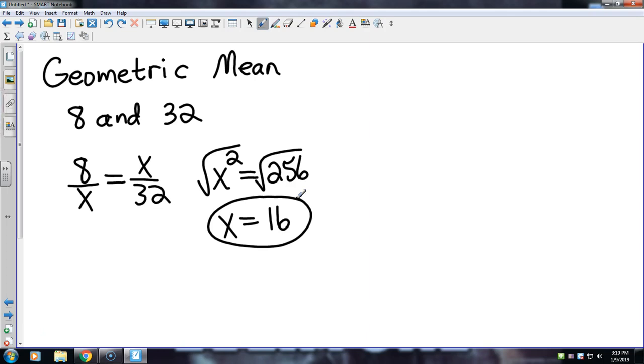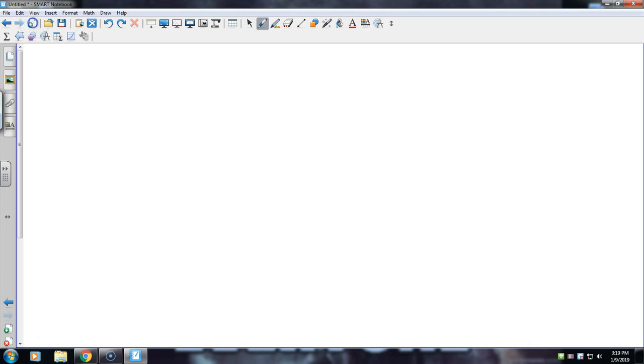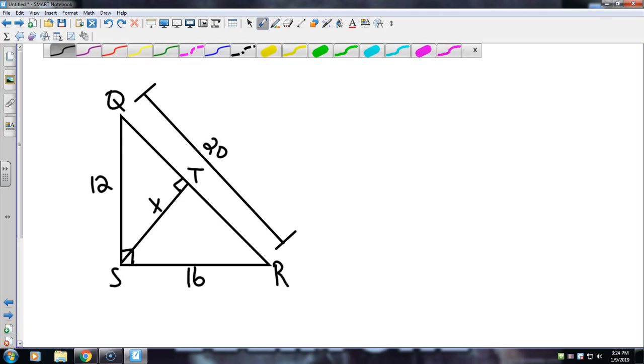And now I'm going to do one final example on giving two similar triangles and finding some missing sides. So I'm going to pause this, and then I'm going to find a good example for us. Okay, well, I draw quick, so I think I found one. I kind of like number 6. This is actually out of the textbook and part of your assignment, so this is kind of a freebie here.